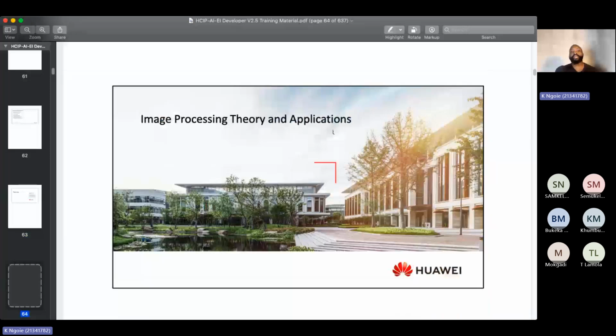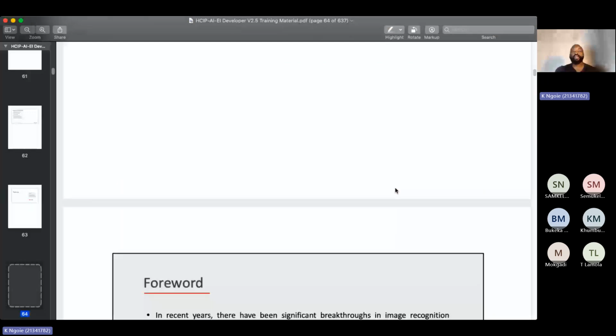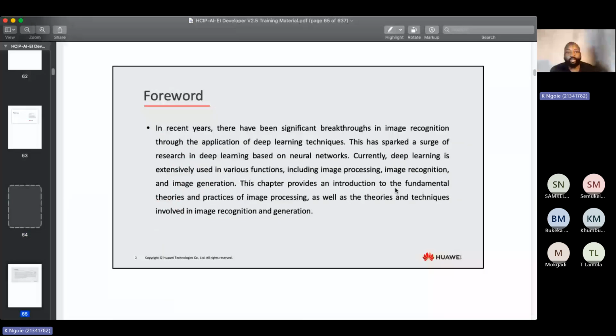So that was kind of the introduction of neural networks. Let's move to image processing and applications, right? One of the most used ways of building models is dealing with computer vision.